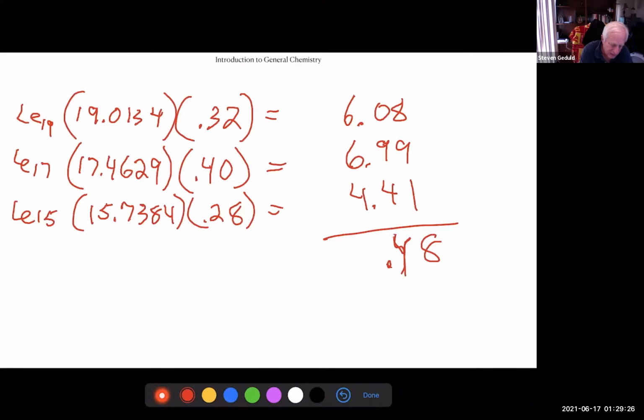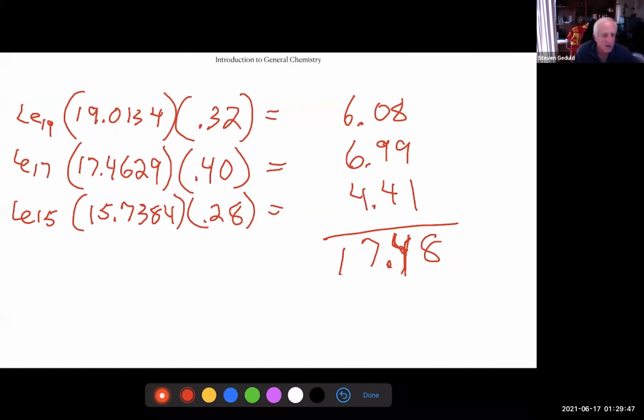We end up with 17.48 as our atomic mass. And that's how we get those numbers for each of those on our periodic table. That is what you'll do on the midterm.